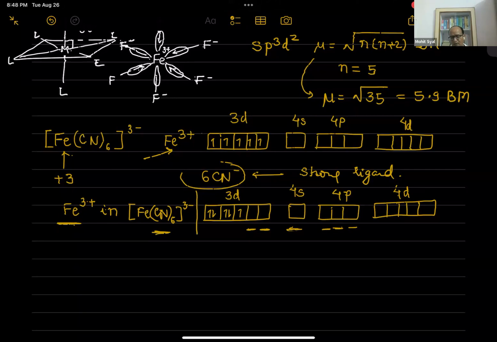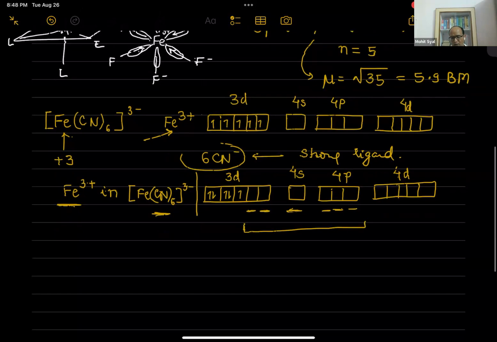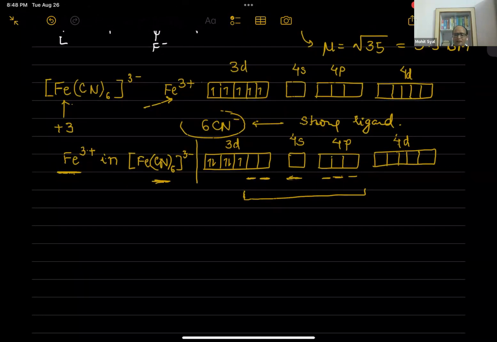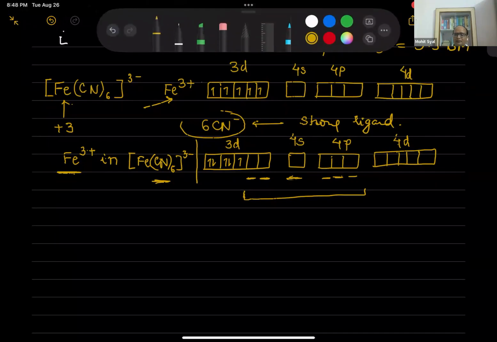So they are going to undergo intermixing, and this hybridization is known by the name of d2sp3. It is not sp3d2. There is a difference between them.